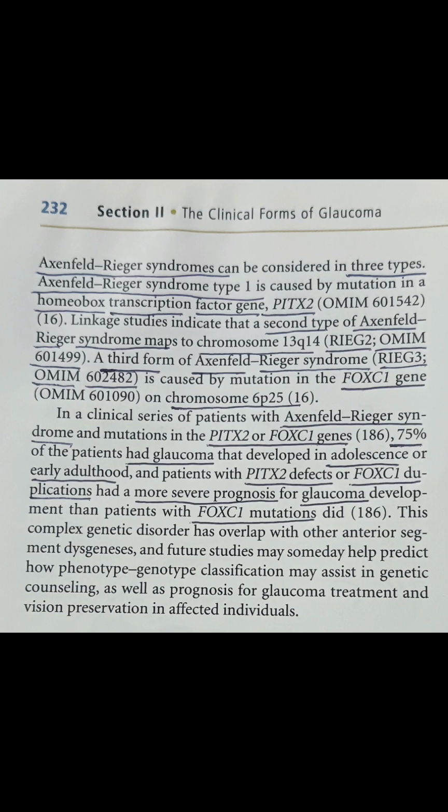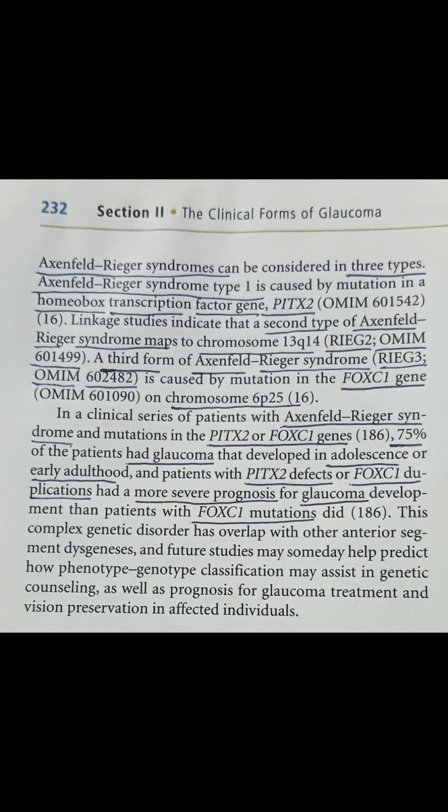Genetically, the Axenfeld-Rieger syndromes can be considered in three types. Axenfeld-Rieger syndrome type 1 is caused by mutation in a homeobox transcription factor gene, PITX2 (OMIM 601542). Linkage studies indicate that a second type of Axenfeld-Rieger syndrome maps to chromosome 13q14, that is RIEG2 (OMIM 601499).